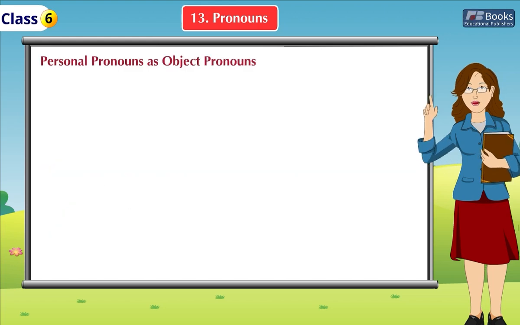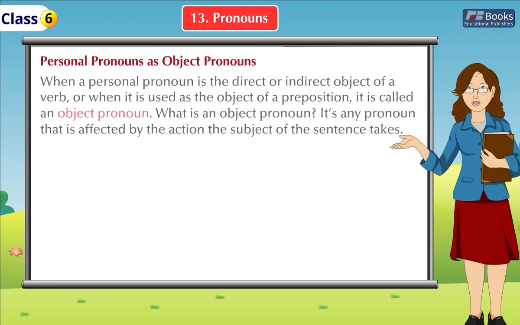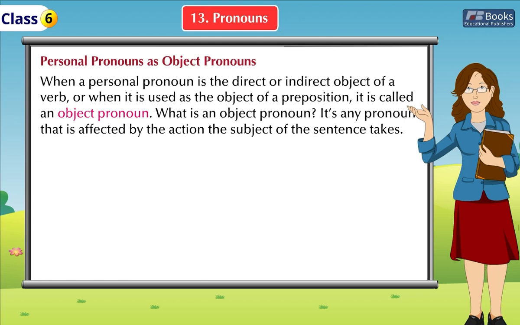Personal pronouns as object pronouns. When a personal pronoun is the direct or indirect object of a verb, or when it is used as the object of a preposition, it is called an object pronoun. What is an object pronoun?